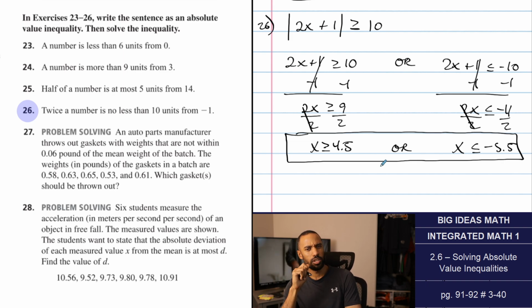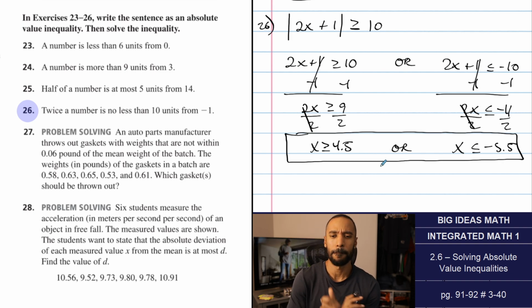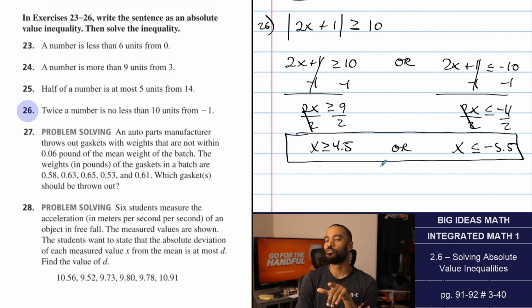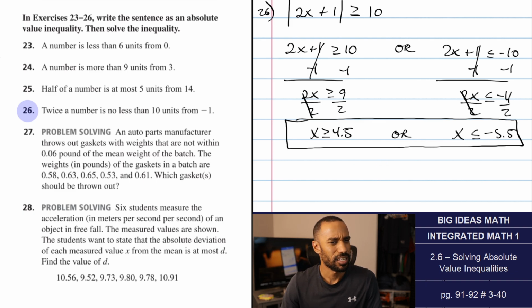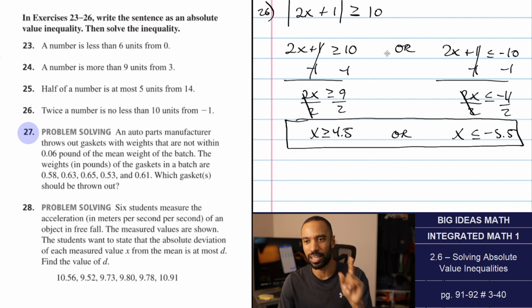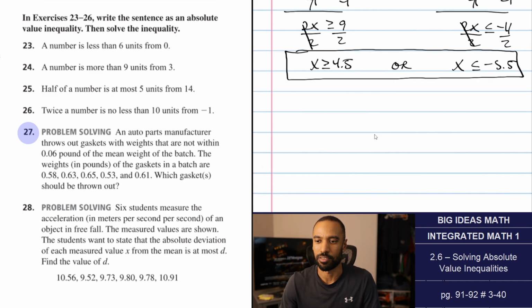Is that no less than 1 unit from 10, or is that no more? Hold on. Did I say that right? Twice the number's no. Oh, 10 units from negative 1. Oh, got it. I was saying it the other way. Yes. Okay, that's good. We're good. I was like, did I do this backwards? It's not 1 unit from 10, it's 10 units from negative 1. Got it. All right, number 27.